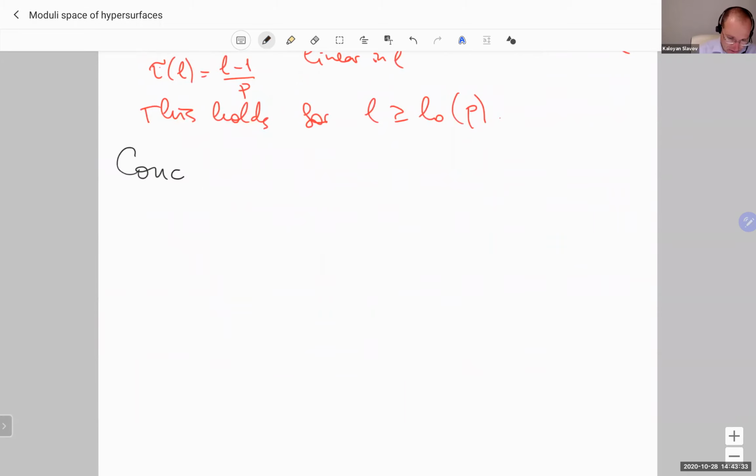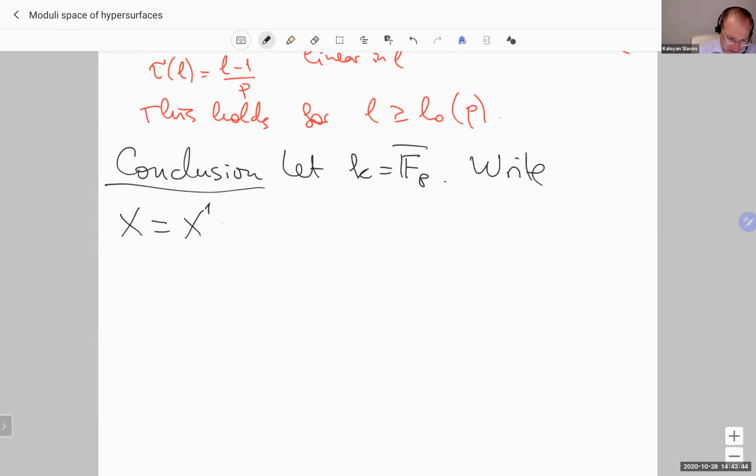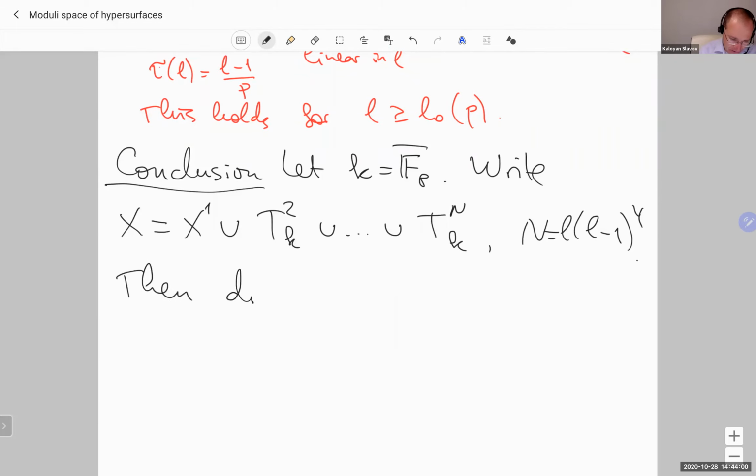Now to summarize, conclusion. Let K be F_p bar. Write X as X1 union T2K union T and K, where N is L times L minus 1 to the 4th power. Then the dimension of TD is less than the dimension of X1.